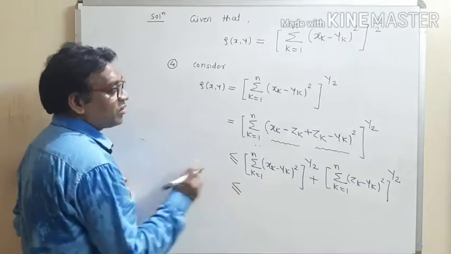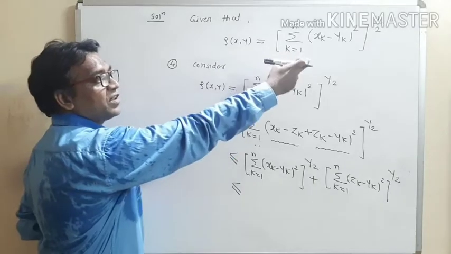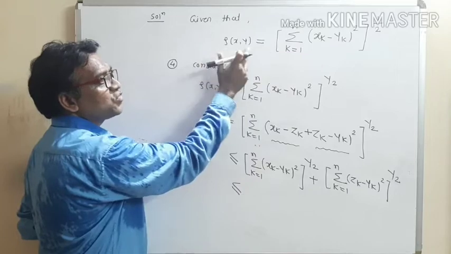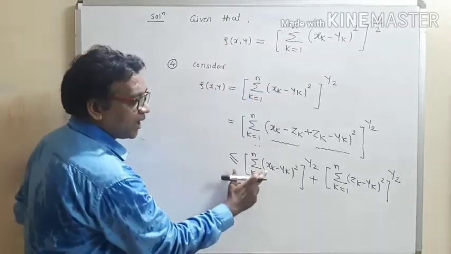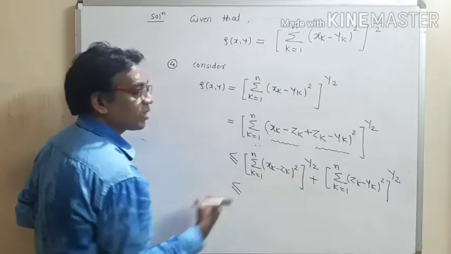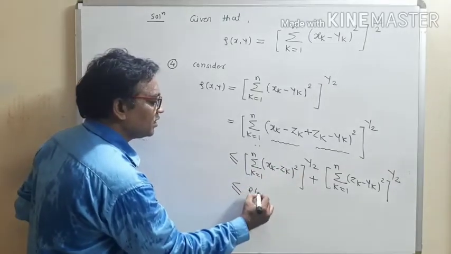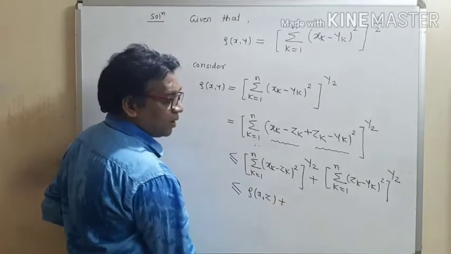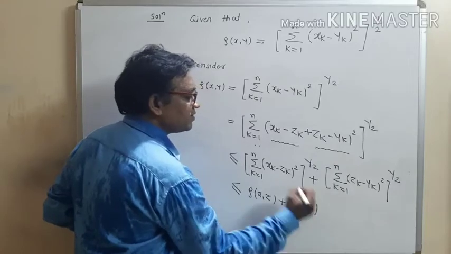So this is less than or equal to, now this is in terms of x and z, so this is nothing but distance between xz, plus this is in terms of z and y, so this is the distance between zy.